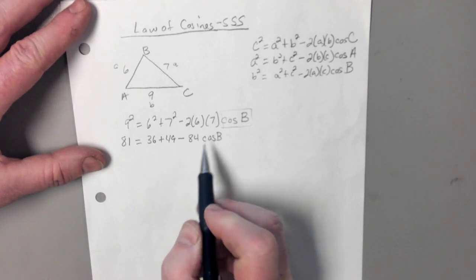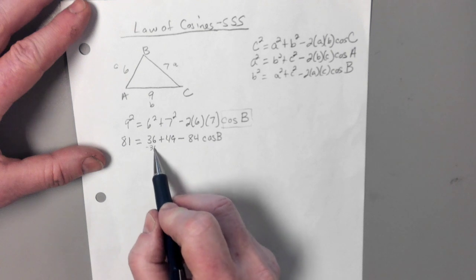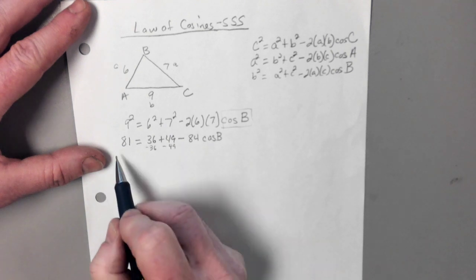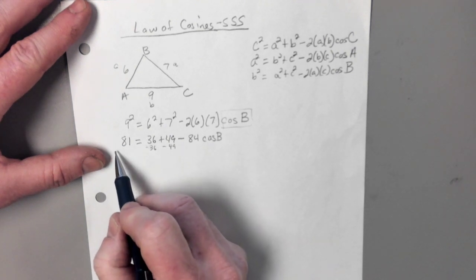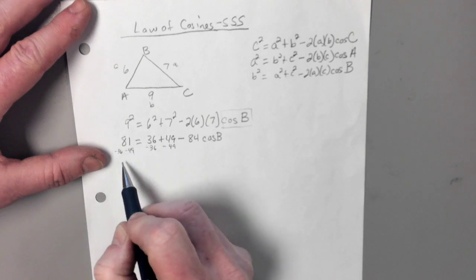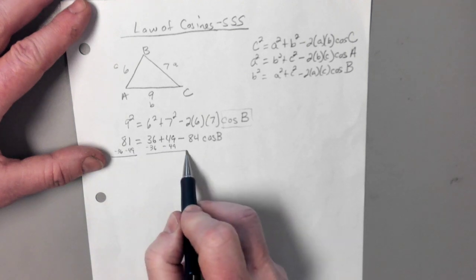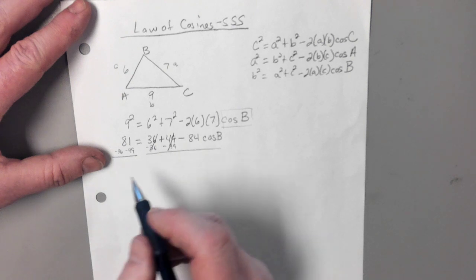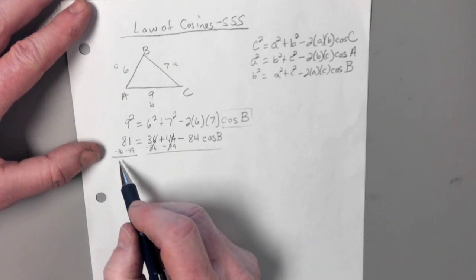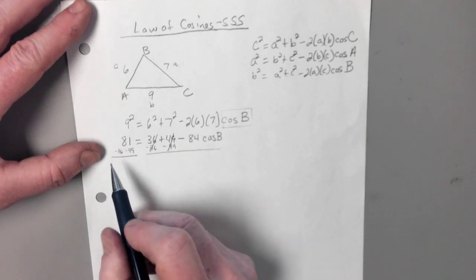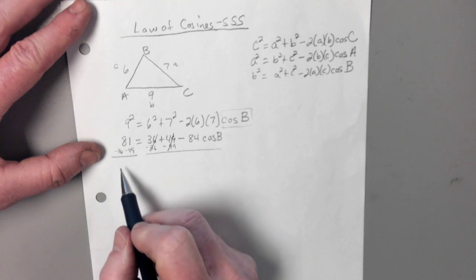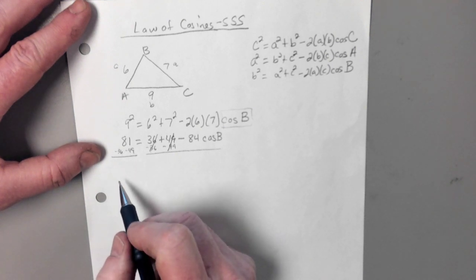We want to get this by itself again, so I'm going to minus 36 and minus 49. And if you do that, those cancel out. We end up over here getting, let's see, 36 and 49 is 85.